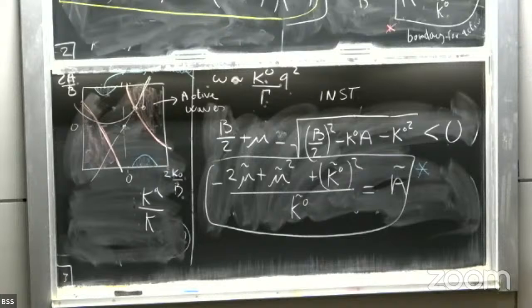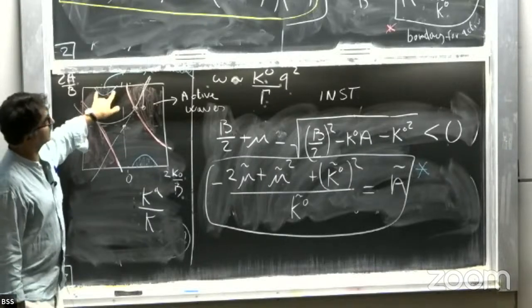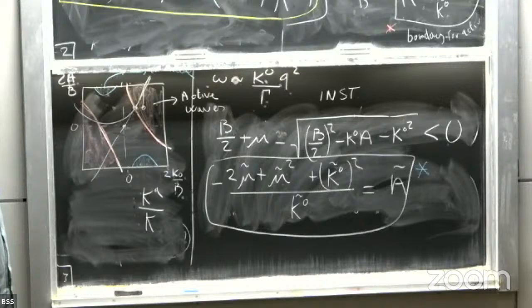Either the square root is imaginary, then you have oscillations, and now you don't have plus damping. You never have amplification and oscillation at the same time.